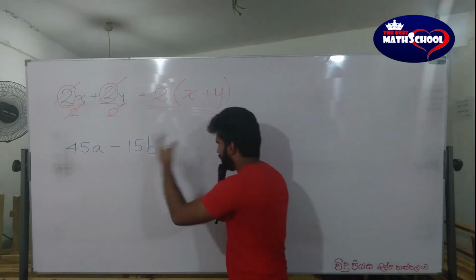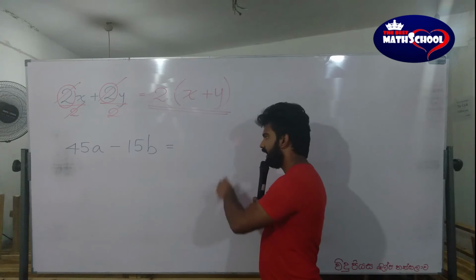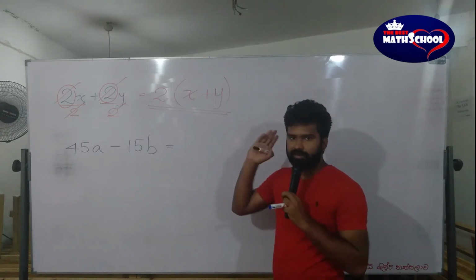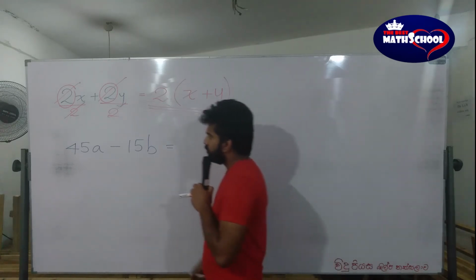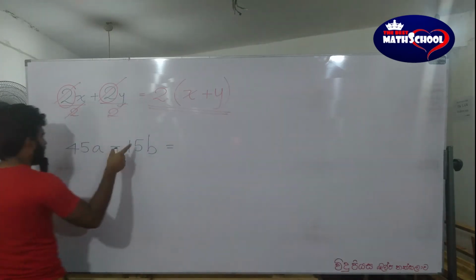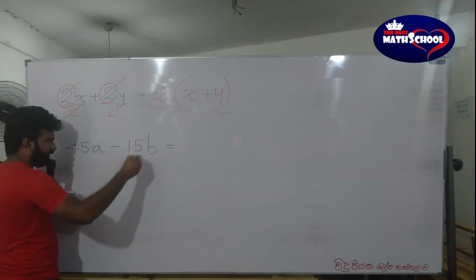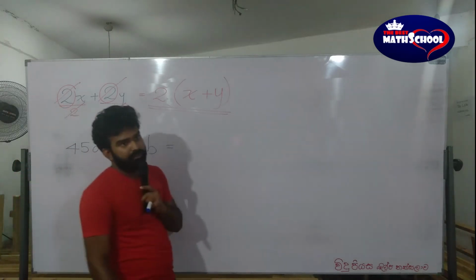By seeing, you can guess. If not, take 45 aside and 15 aside and divide them by prime factors, like the previous sums. So the highest number that we can take out is 15. And 45 is created by 15 into 3.